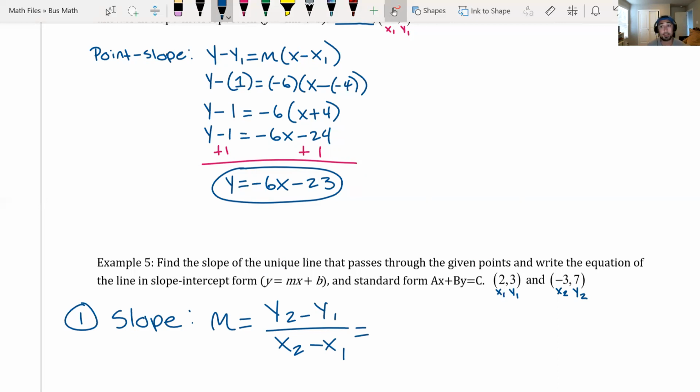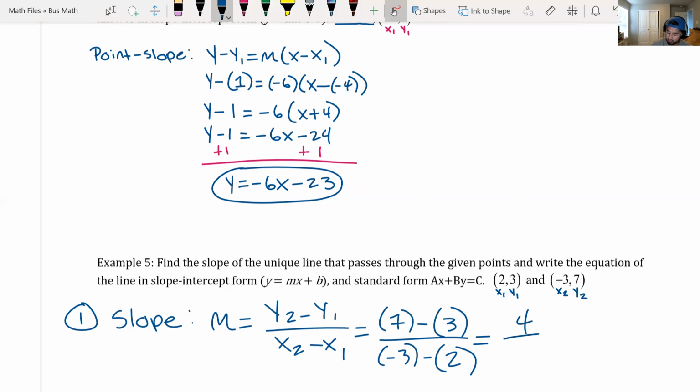Plug in what we know. It's a good thing everything's nice and labeled. 7 minus 3 over negative 3 minus 2. You get 4 over negative 5. 4 over negative 5. Okay. And there is our slope.